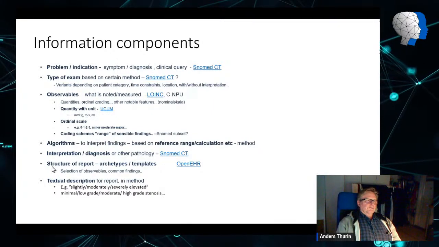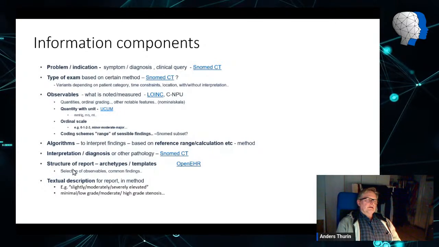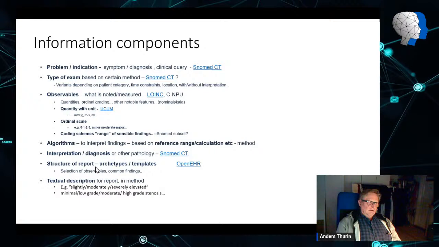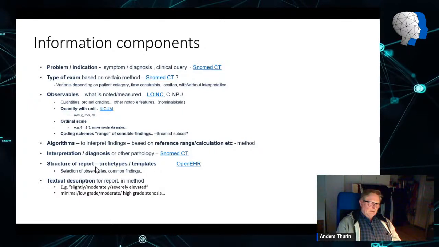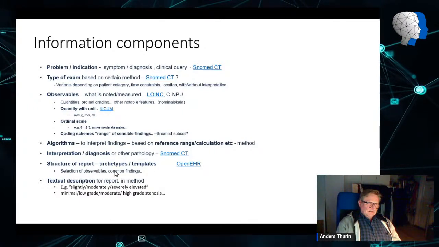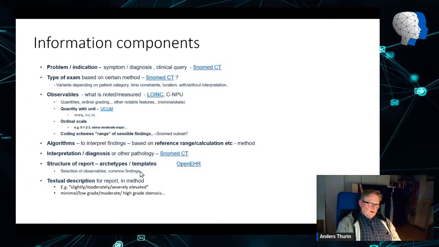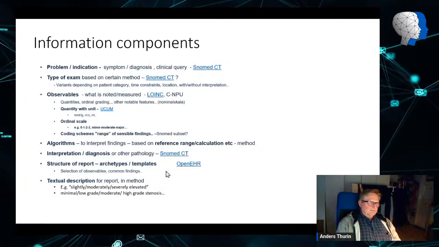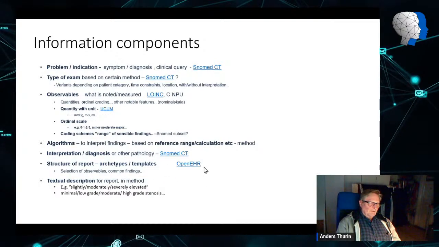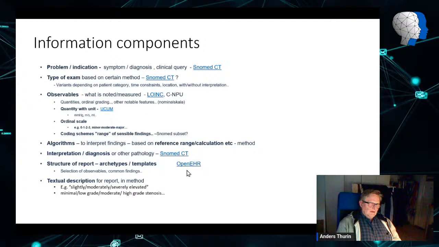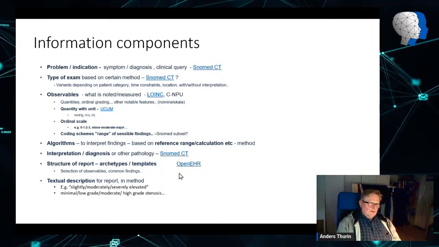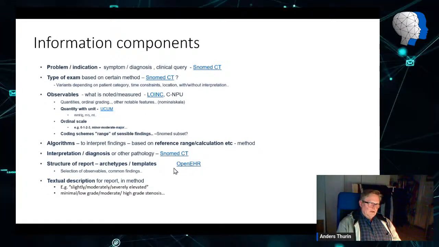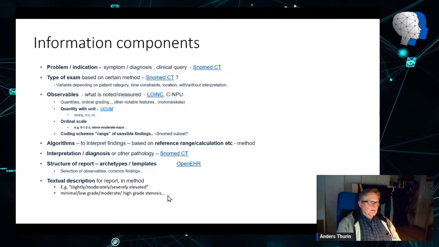And then to report, you need to describe the structure of how you align things, which can be described as archetypes and templates. And these are available in the openEHR architecture. I'll come back to that also.